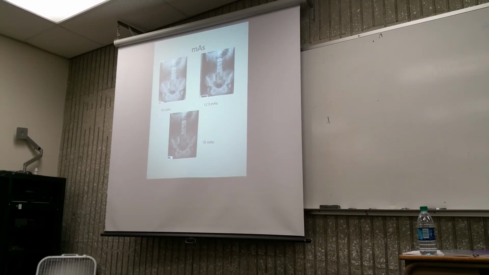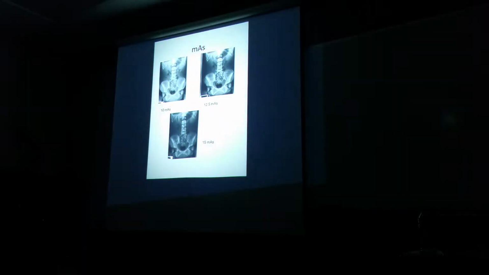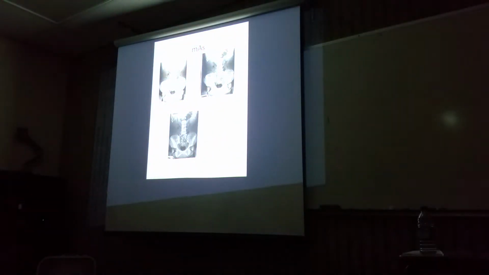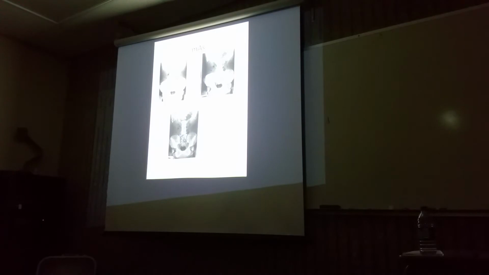So you have a visual. I can immediately tell when I over or underexpose my image. The first one top left, the 10 mass is appropriate, 12.5 is okay, and then 15 is overexposed, meaning it's too much radiation and it's darker.